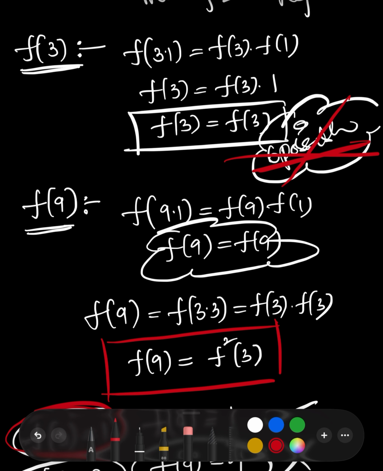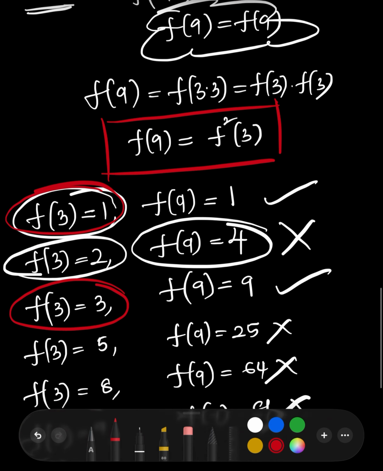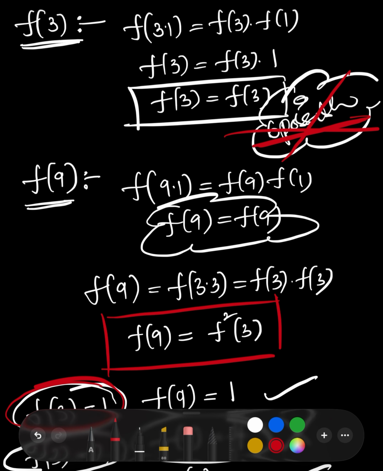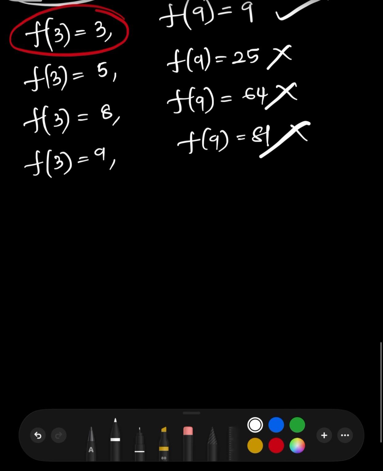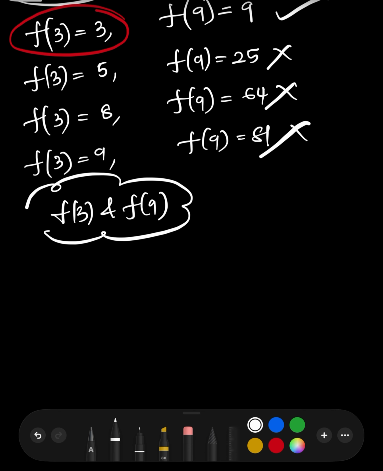Finally, what are the possible cases? 2. So it is very clear that f of 3 has 2 possibilities, and the same possibilities for f of 9 only. So I can say that f of 3 and f of 9 together have two chances.